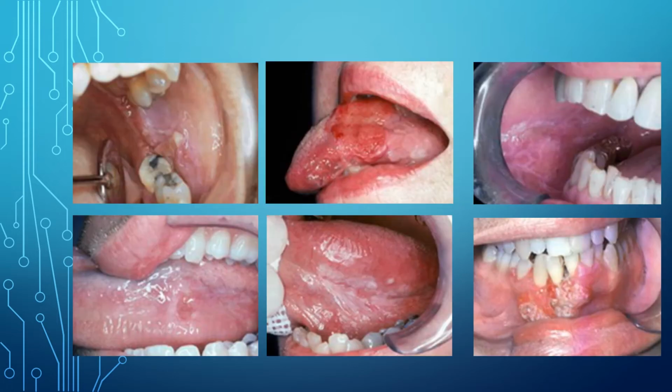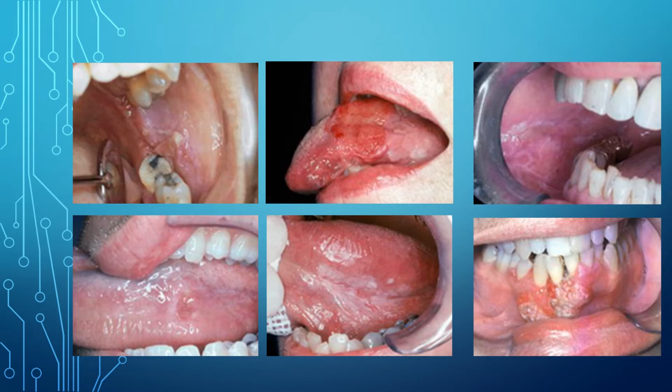Okay, these are some pictures of the appearance of oral cancer. You have red patches on the tongue, the side of the tongue, and the buccal mucosa.